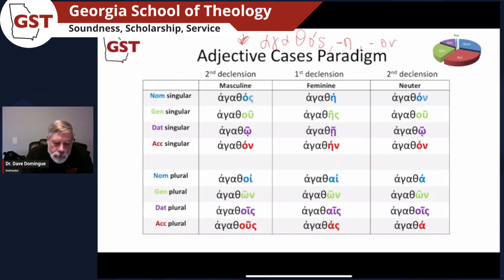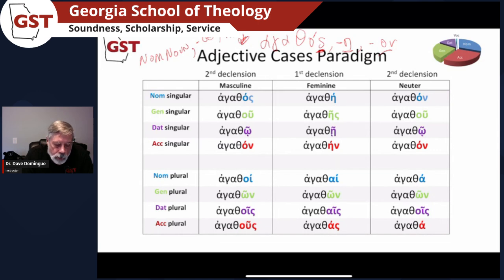A noun in the lexicon would have the noun in the nominative, followed by the genitive form and followed by the article, right? Well, for the adjective, because it has to agree with whatever noun it's modifying in case, number, and gender, in the lexicon it'll be there as the nominative, but you'll see the feminine form and neuter form associated with it.